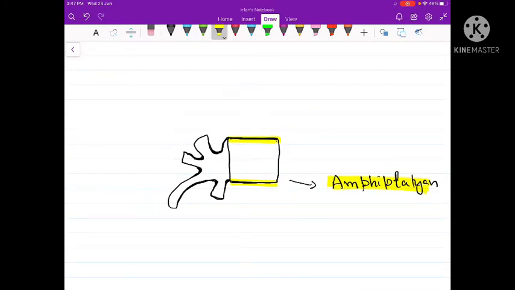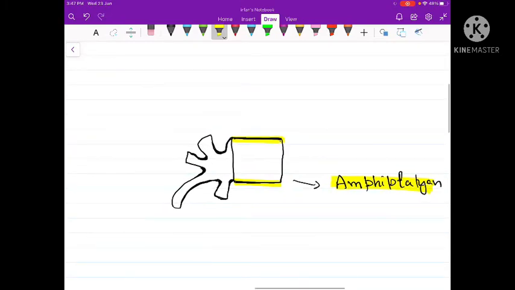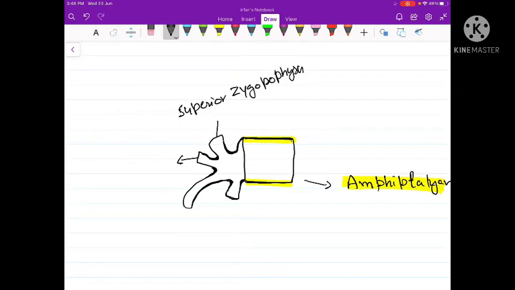And the other processes are as follows. For example, this process here is the superior zygapophyses. And this process here is the transverse process. One of the transverse processes will be towards the paper, and one will be facing outside the paper.